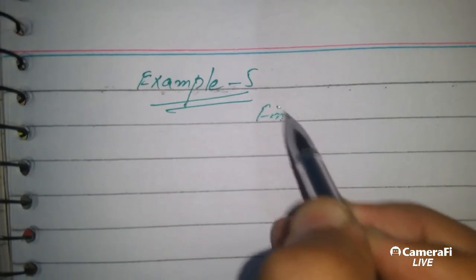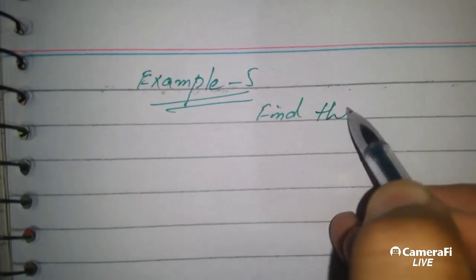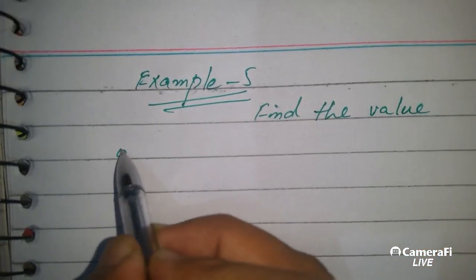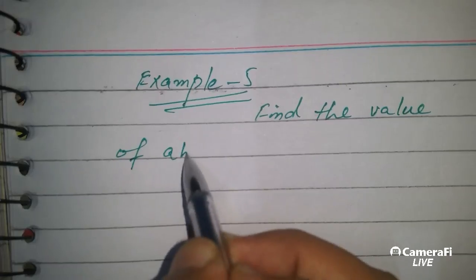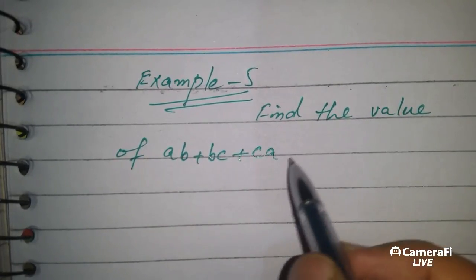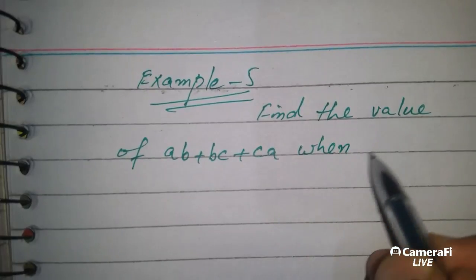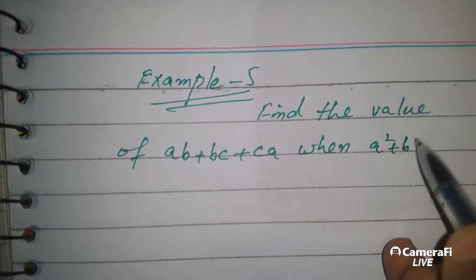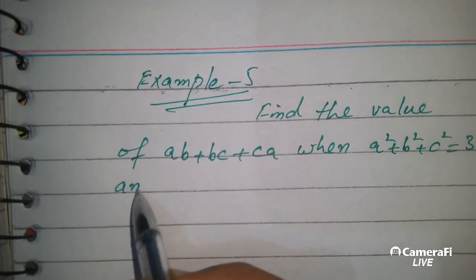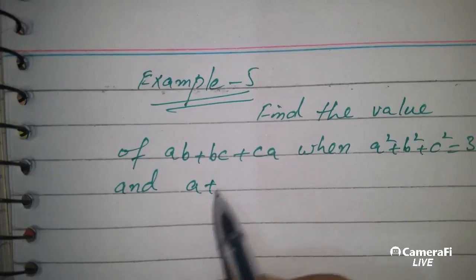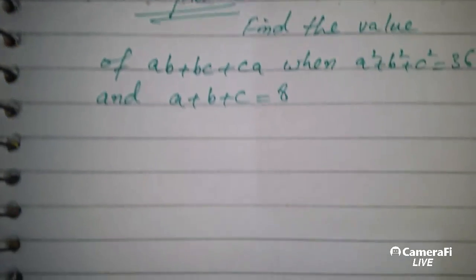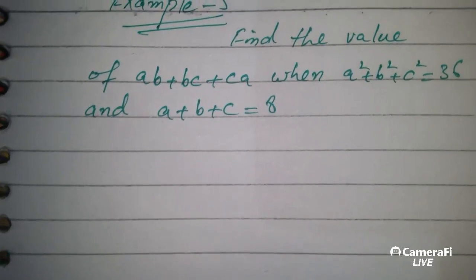It says find the value of ab plus bc plus ca when a square plus b square plus c square equals 36 and a plus b plus c equals 8. So let's solve this one.